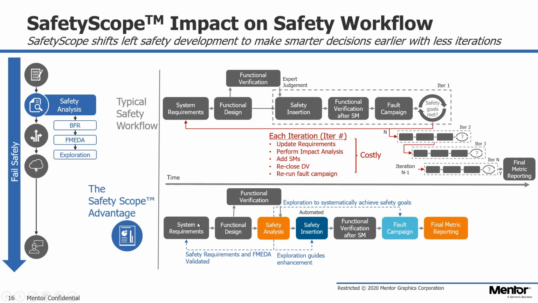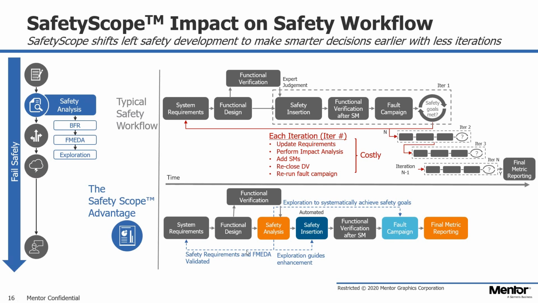However, by applying SafetyScope over here, you can save all these explorations, because just by applying SafetyScope, you already get a direct information if your safety goals can be met or not. And then you only need to run the analysis and iteration steps within the tool, which is quite simple, instead of running it over here, which may have an impact onto the overall design, concerning area and all the other things.